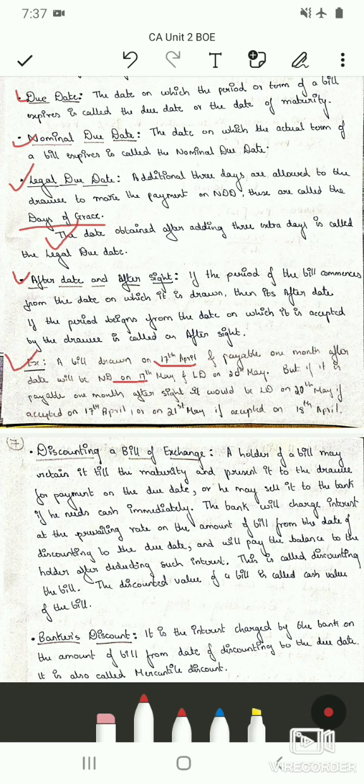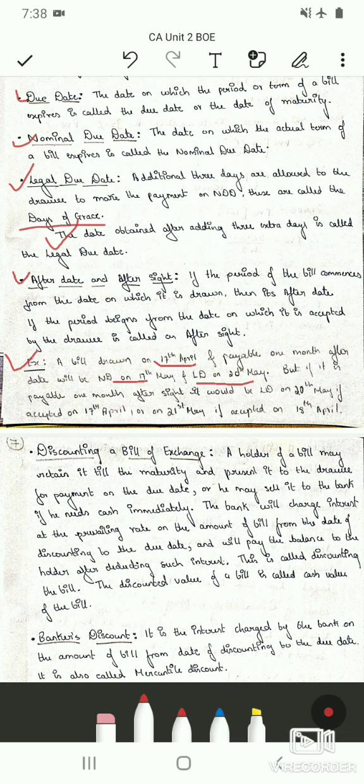It will be on 17th May. From 17th April, if you calculate 1 month, it will be 17th May. If 17th May is the nominal due date, then the legal due date will be 3 days additional to 17th May, which is 20th May.